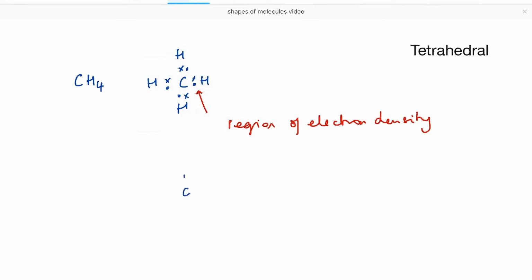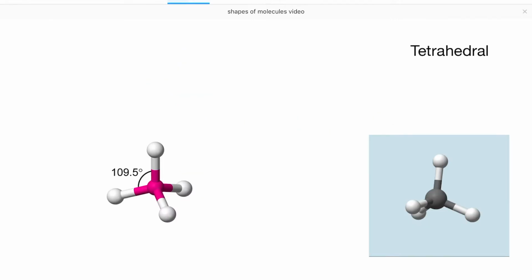So if I redraw methane, just using sticks for bonds, it might look as though my bond angle should be 90 degrees, but we need to remember that molecules operate in 3D space, so we have to learn to think in 3-dimensional space. When we look at methane in 3-dimensional space, we can see the bonding pairs of electrons represented on the diagram.